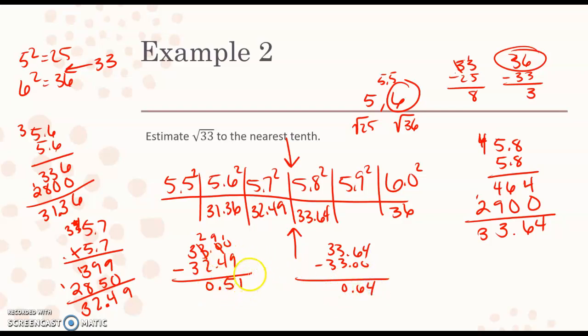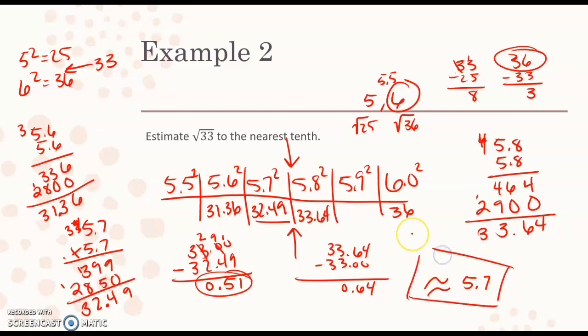And so barely the one that is closer is our 32.49, which makes our answer approximately, and I say approximately because we are very much estimating, especially with a number that never ends, when we round this to the nearest tenth. And so we're at approximately 5.7 as the answer to the square root of 33.